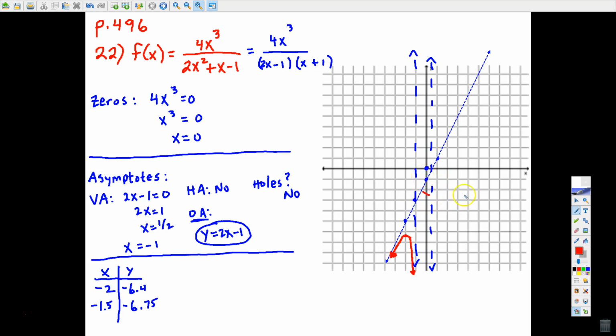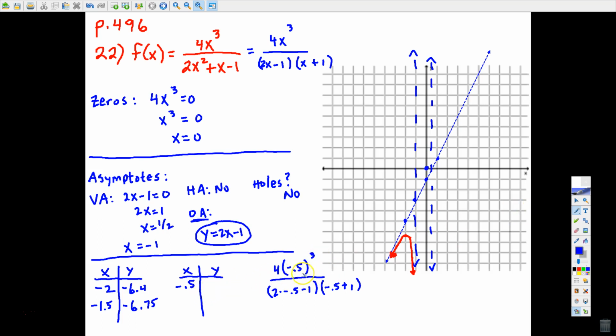Okay, so let's see. Let's choose a number like -1/2. Let me get my colors back, and we'll just keep doing a table over here. So this will be a table for our middle section, -1/2. So let's grab our calculator again, and we're going to input -0.5 in for x. 2 times -0.5 minus 1, -0.5 plus 1. Okay, so 4 times -1/2 cubed in your calculator.